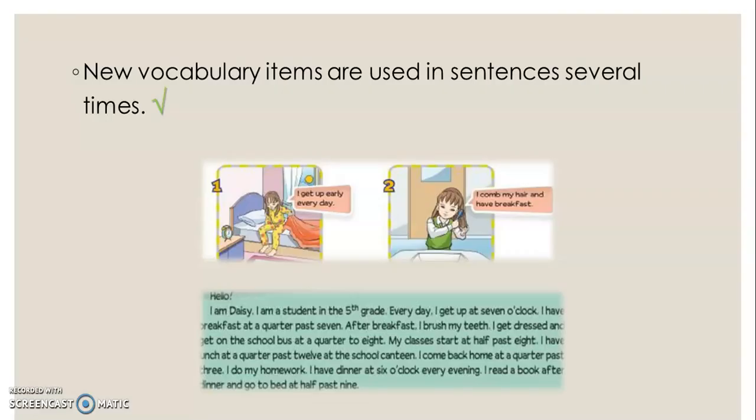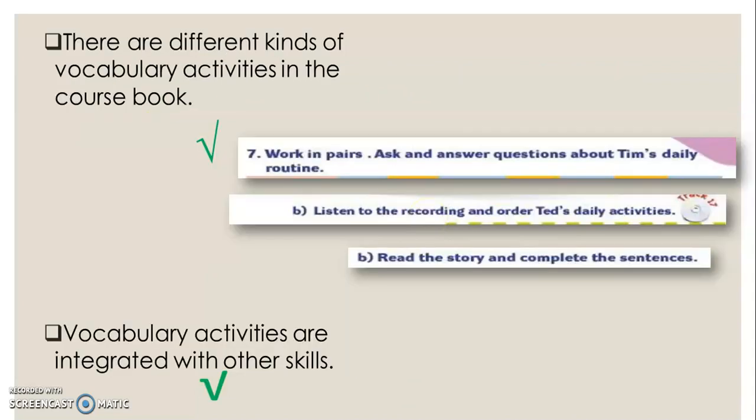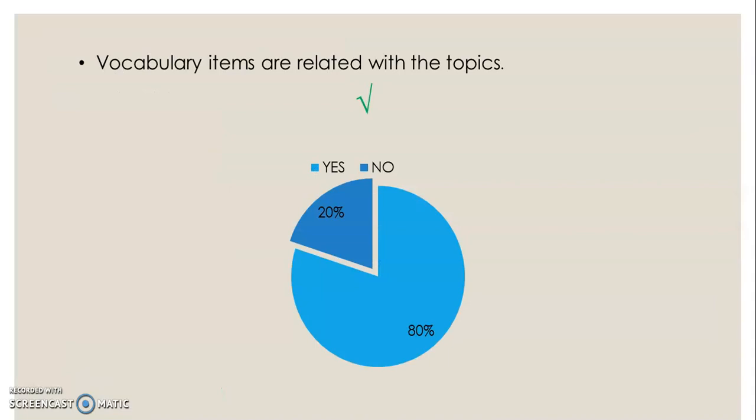On the other hand, new vocabulary items are used in sentences several times, and that can be helpful in terms of reinforcement. There are different kinds of vocabulary activities in the coursebook, like work in pairs, and vocabulary activities are integrated with other skills like listening and reading. So, vocabulary takes 80% of yes and 20% of no.